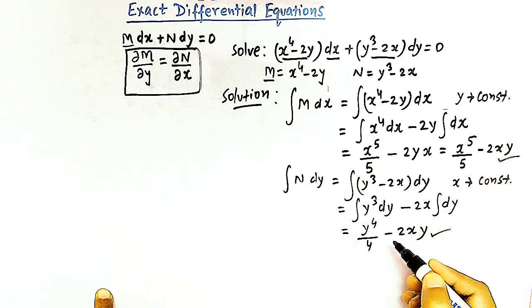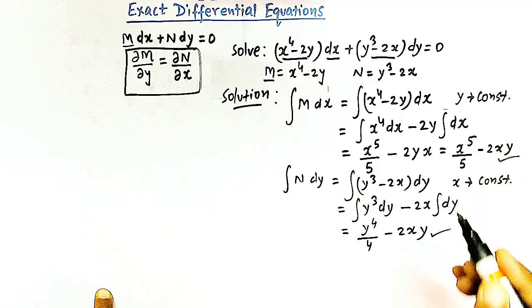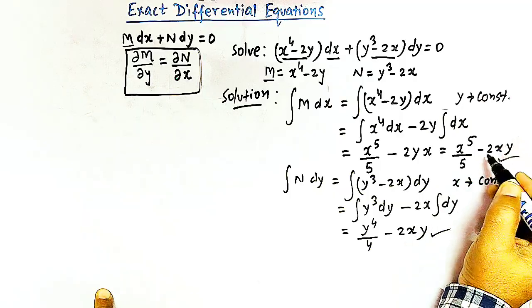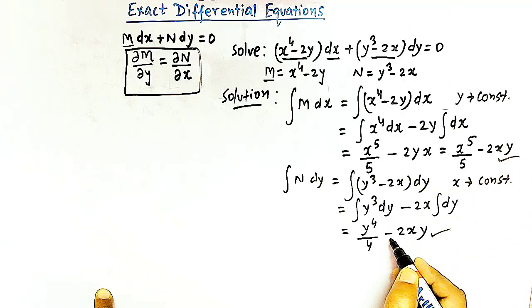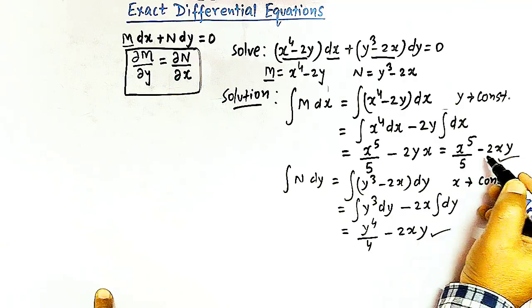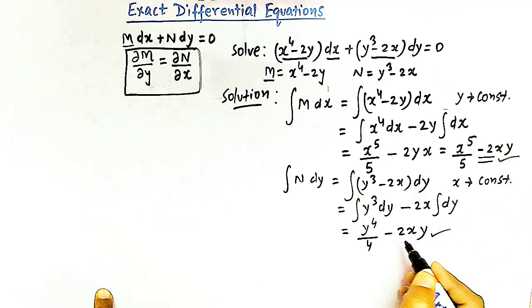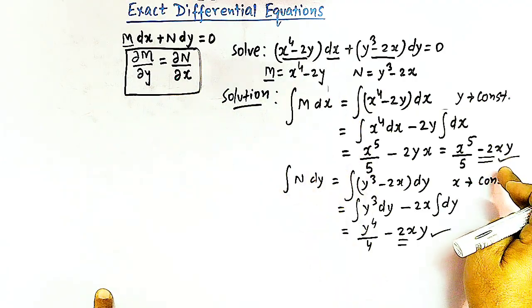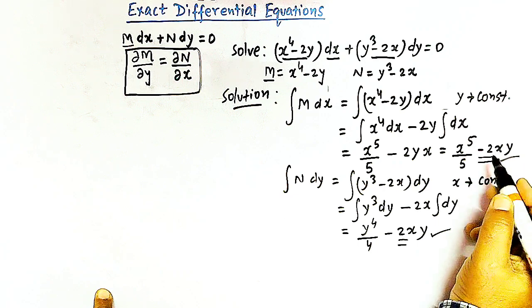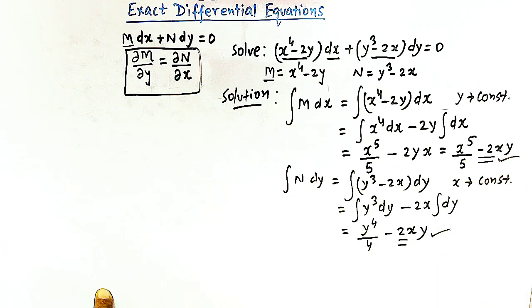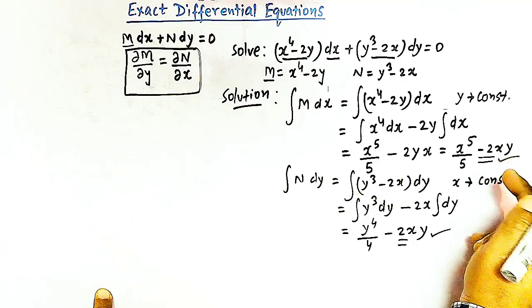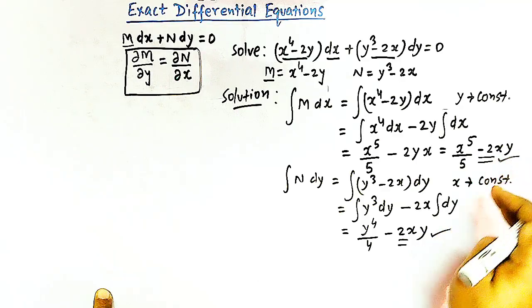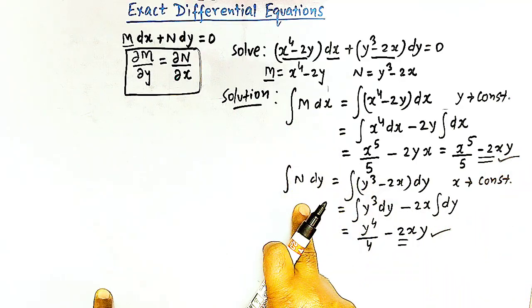And if we look at these two expressions, then we can see that this term, that is minus 2xy, is appearing in both the integrals, right? So here, to write the solution of this differential equation, we have to consider this term, that is minus 2xy, only once, right? Because this term is appearing in both the expressions or in both the integrals.